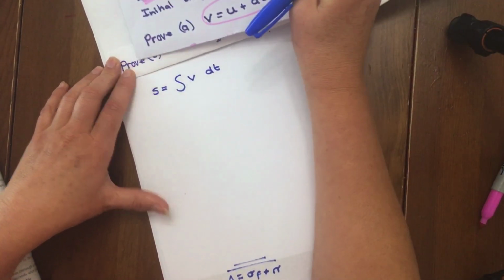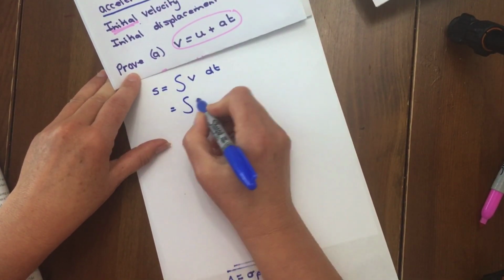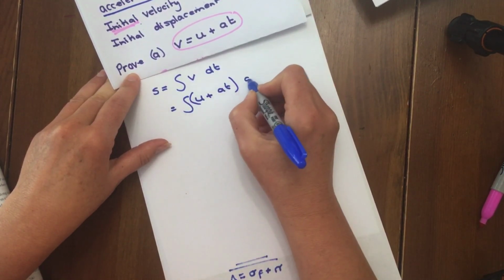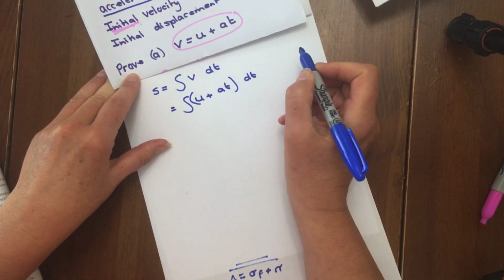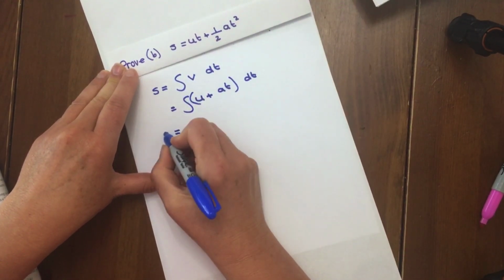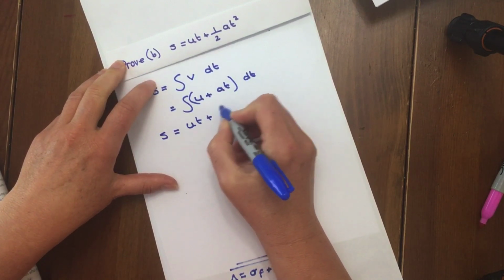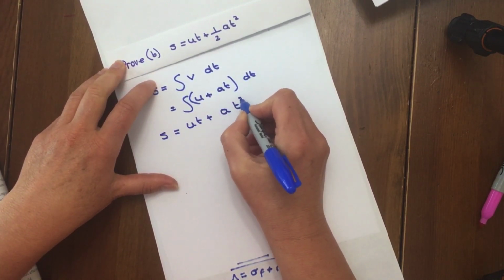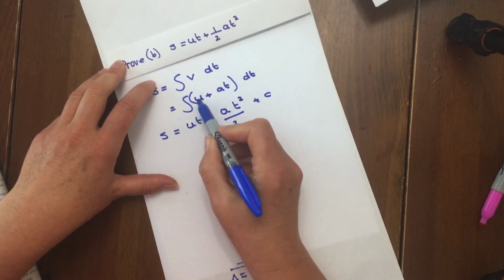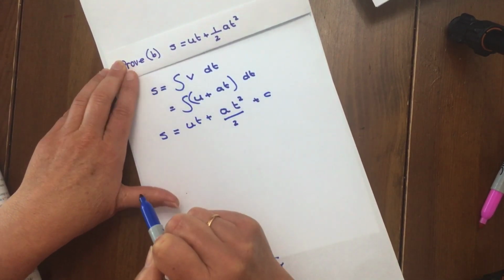And if we look at what we proved in part A, I can put u plus at in for velocity and integrate it with respect to time. So I get ut plus a, remember a is just constant, t squared over 2 plus my c. Remember u also is a constant number, so that's why we can do this integration.